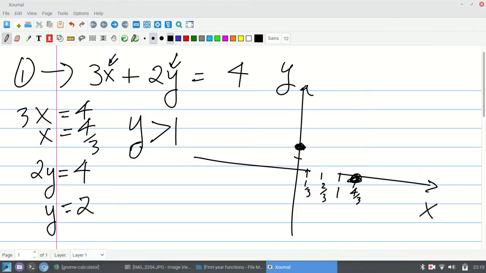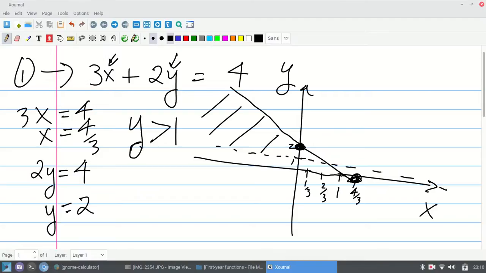Now these are both points on the line, so I have to connect them. Also the condition is that y has to be greater than 1, and 1 is right there because that's 2. So essentially my solution set is everything below, because remember this was less than or equal to 4.